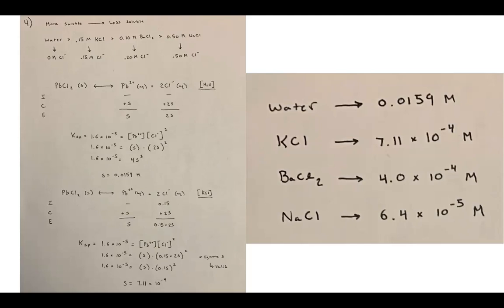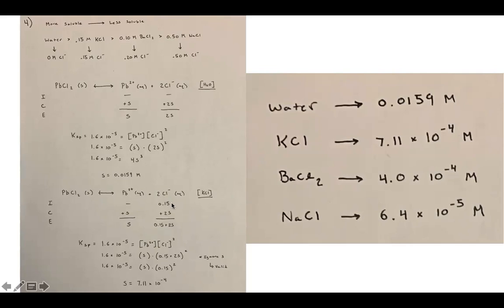So what do we do when we are experiencing the common ion effect, right? When we're adding to a solution an ion that is present in our solid. I'm going to start out by again just writing my same chemical equation, lead chloride going to its respective ions. The difference for a common ion effect problem is you're just going to have an initial amount of that common ion.